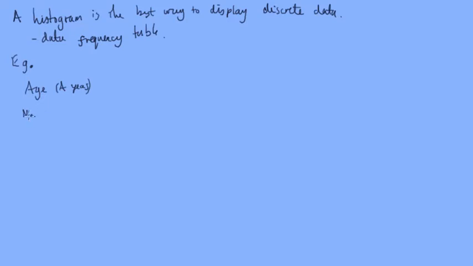So NO is an abbreviation for number, and we'll call that F because that's the frequency of a particular score. And so this is going to be test scores out of 100.